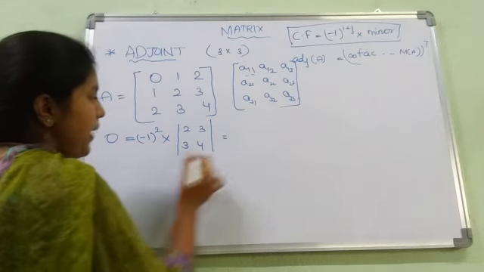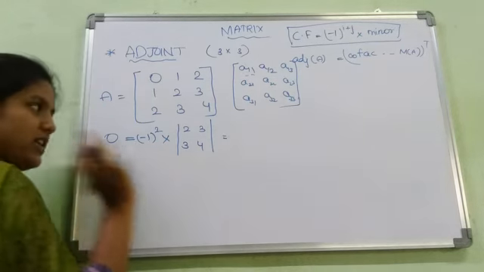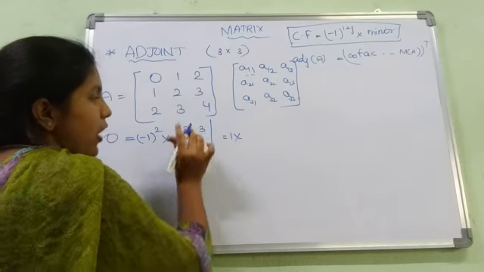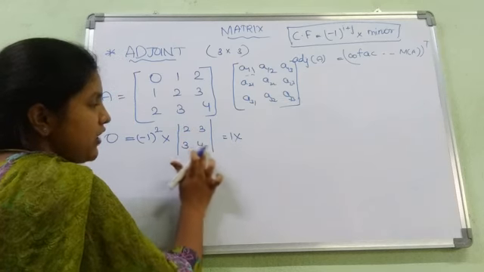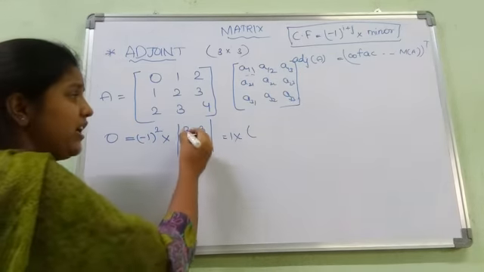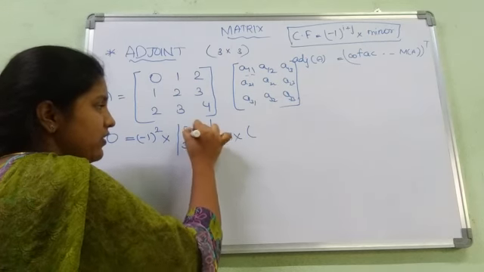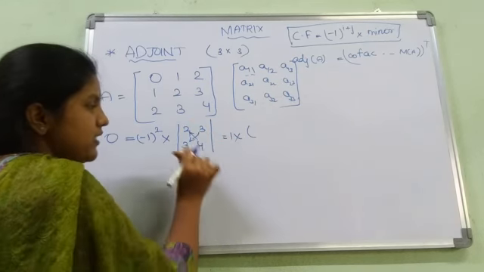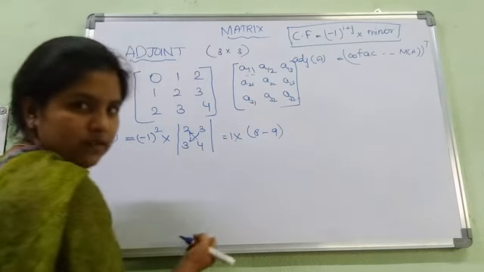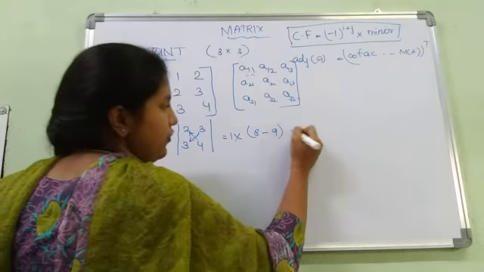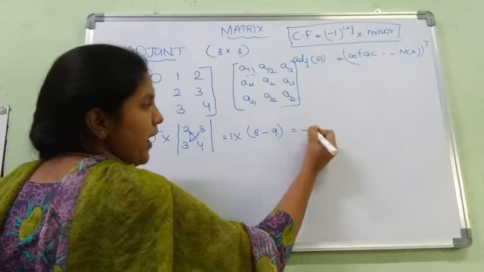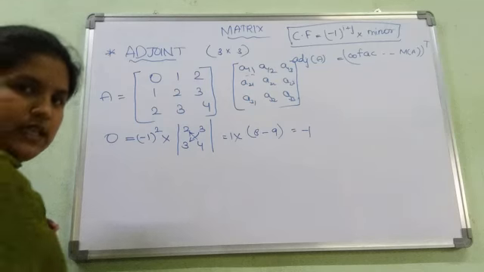It is equal to -1 to the power of 2, which is 1 itself. So for your purpose I'm writing 1 into the determinant of 2, 3, 3, 4. We need to find the determinant in a 2 into 2 matrix. How will we find it? Like this, right? 2 fours are 8, 3 threes are 9, 8 minus 9, which is minus 1. Minus 1 into 1 is minus 1. In this way we need to find.